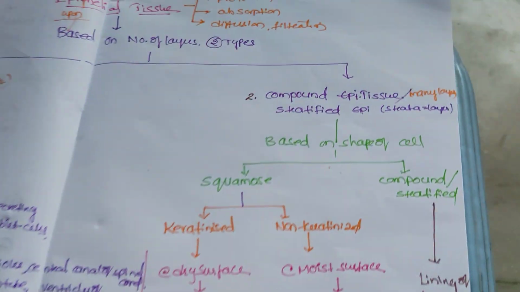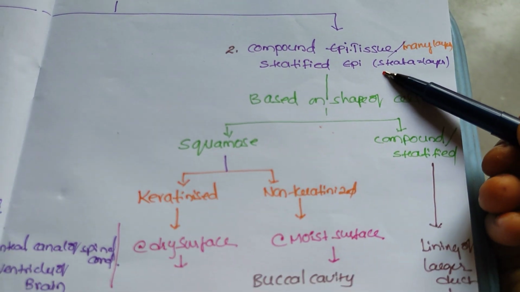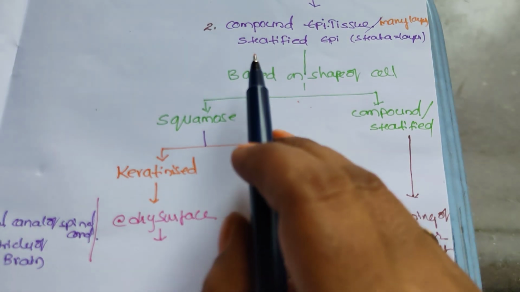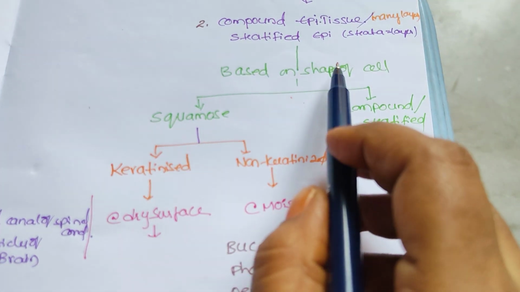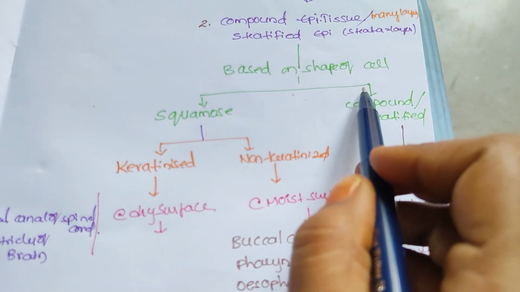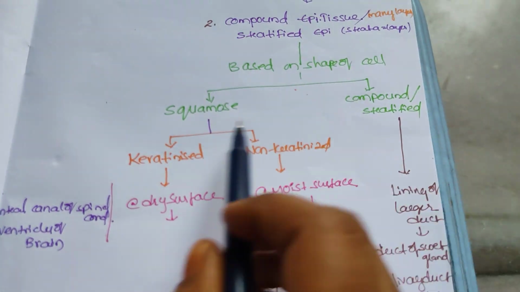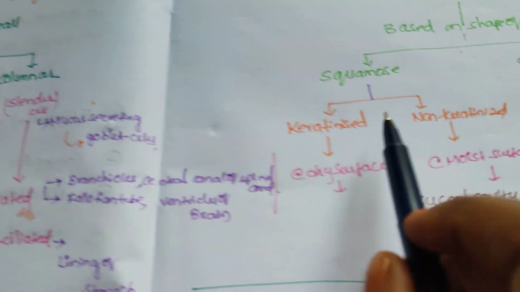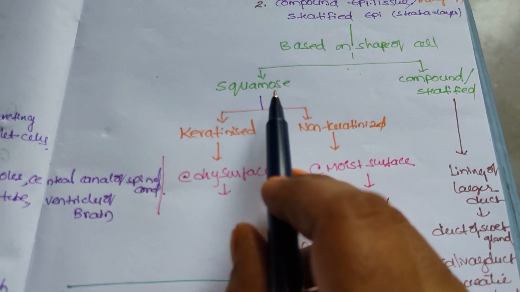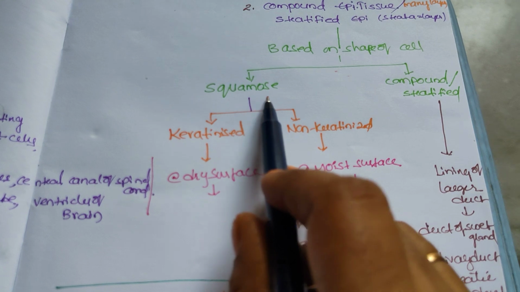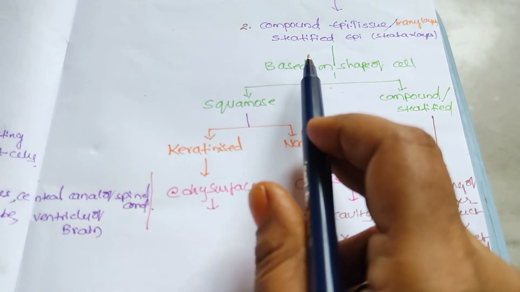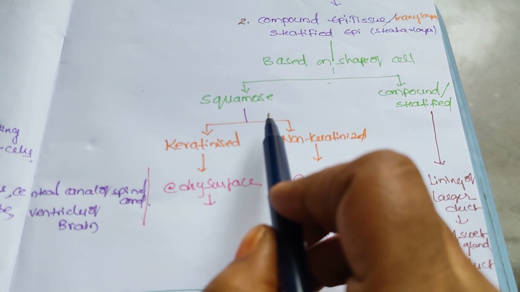Then come to the compound epithelial tissue. It has many layers of epithelium, which is why it is also called stratified epithelium. Based on the shape of the cell, these are again 2 types. Already we studied simple squamous means tile-like. Here also the compound epithelium has a tile-like structure, that is why it is called compound squamous or stratified squamous epithelium.